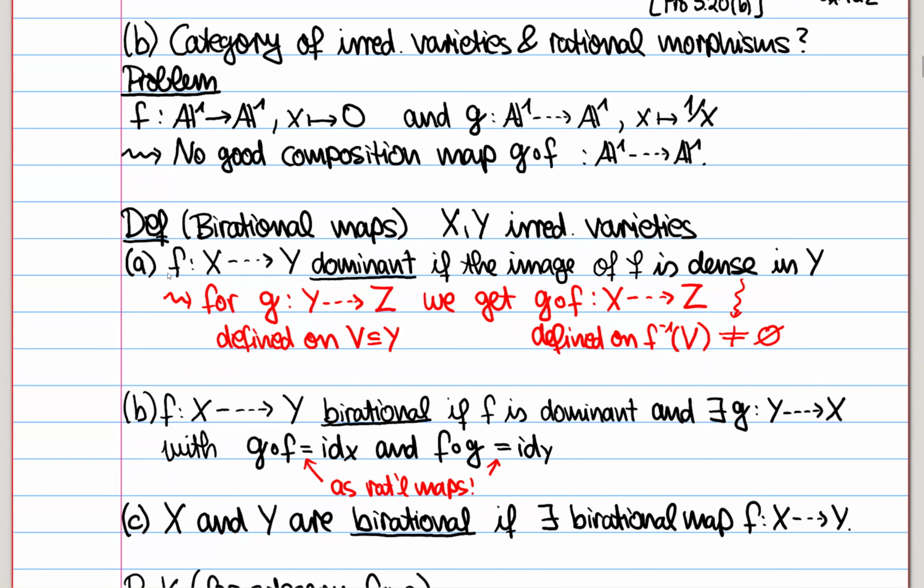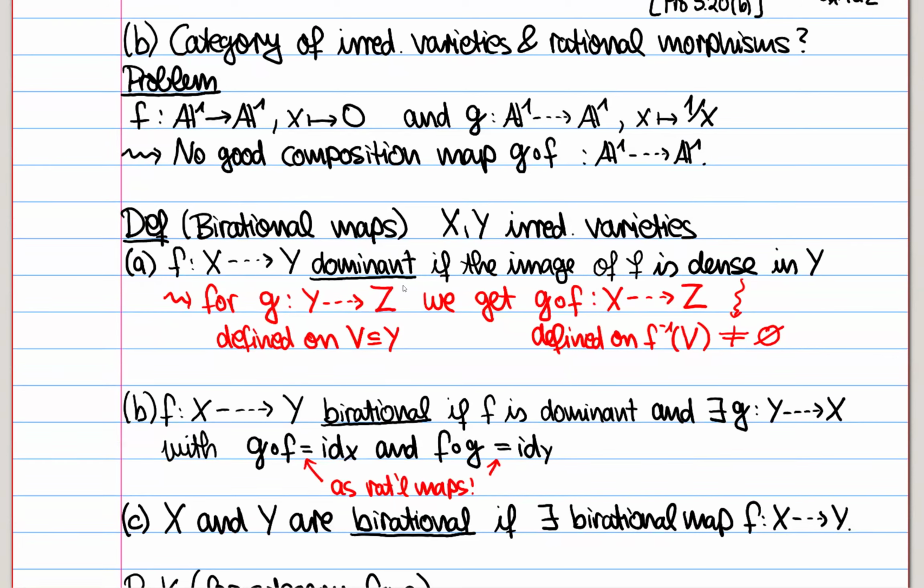If you have two equivalent morphisms, F1 and F2, then the image of F1 is dense in Y if and only if the image of F2 is dense in Y.